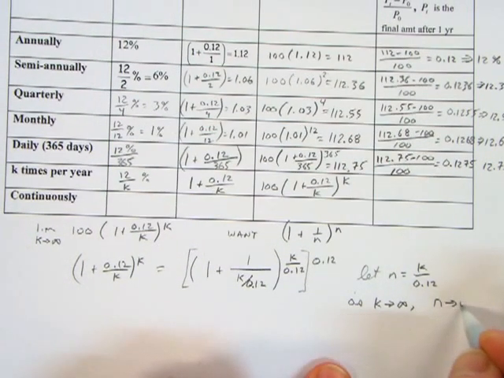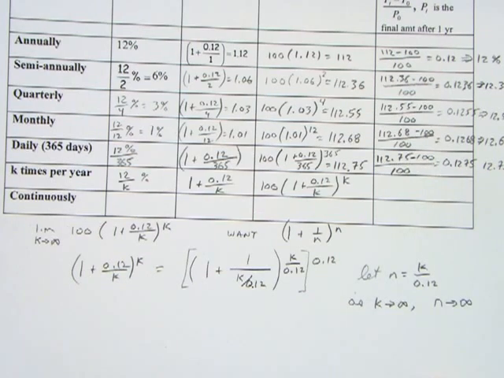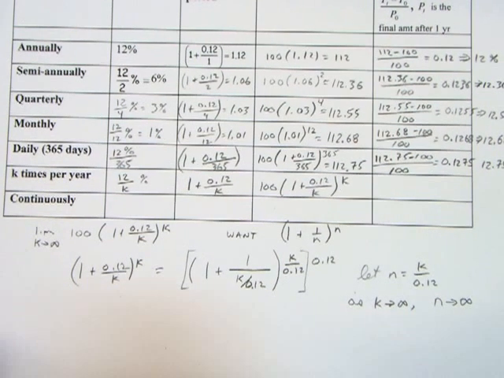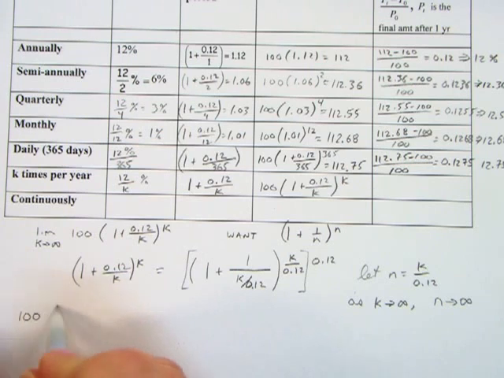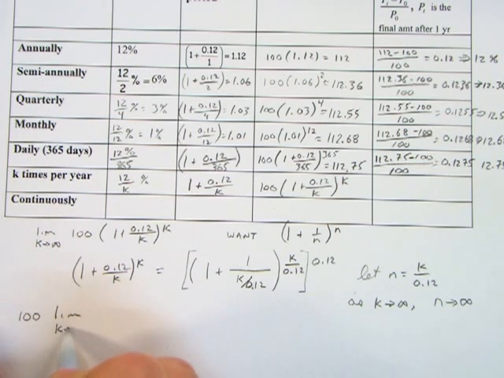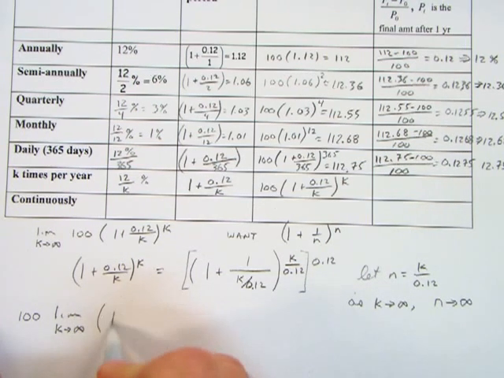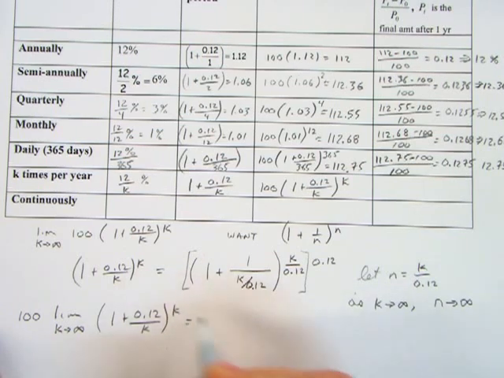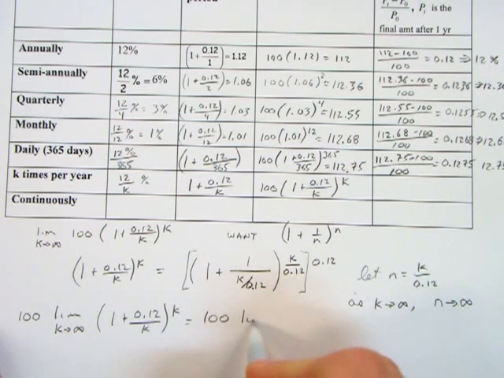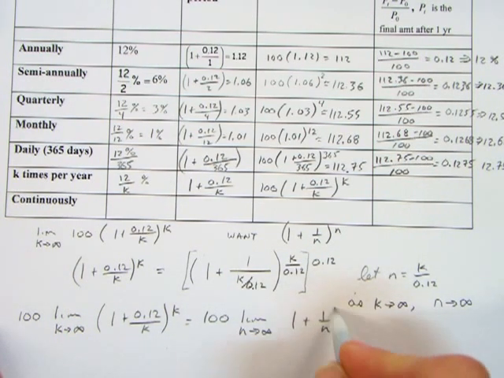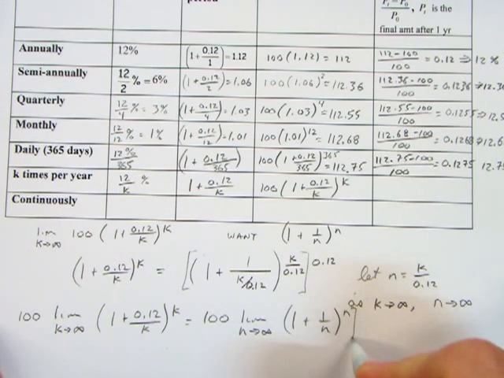So now let's take a look at this. I'll pull this 100 out, and that's one of the rules for limits. We're not going to spend a lot of time again on limits right now, but this is good to know. This is going to be 100 times the limit as n goes to infinity of, well, what do we have here? 1 plus 1 over n to the n, raised to the 0.12.